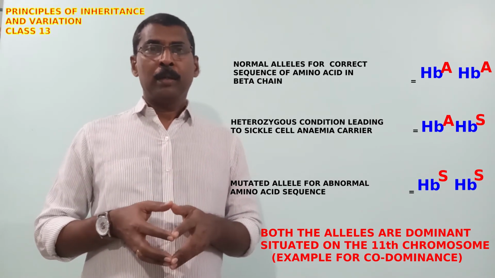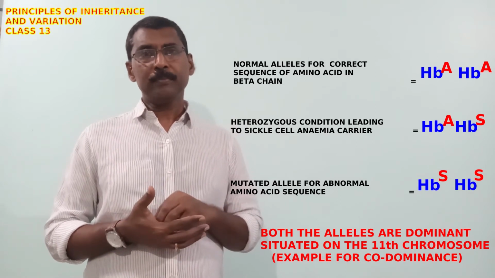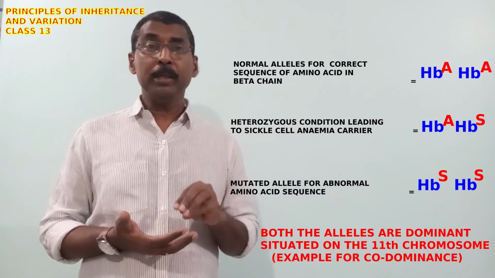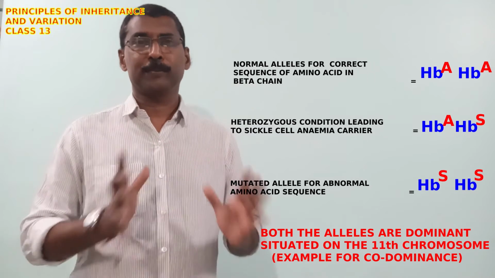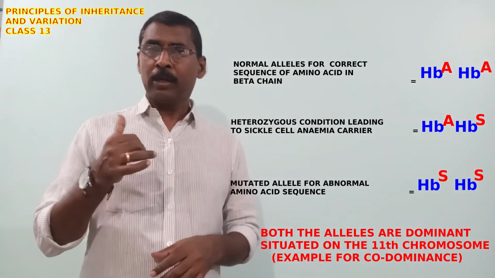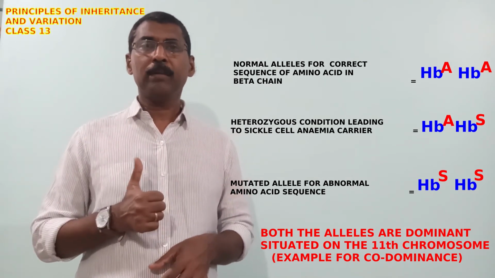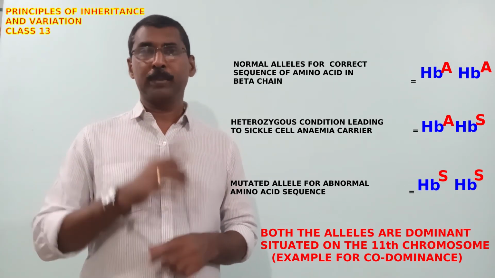Okay. Now, another thing here is, very interestingly, sickle cell anemia is an example for codominance also. We have already seen codominance, and the example we saw then was AB blood group.